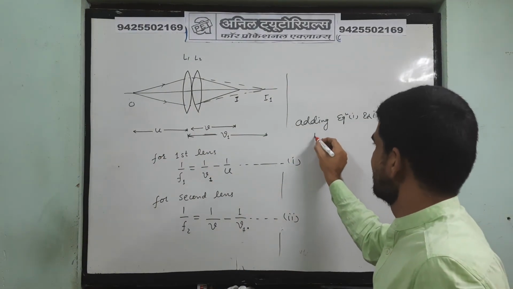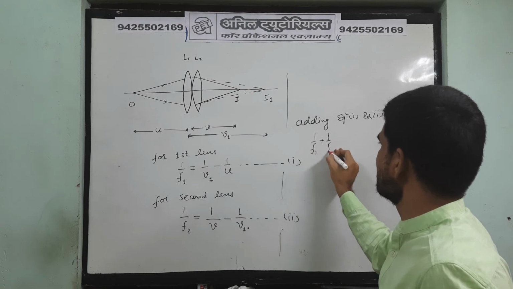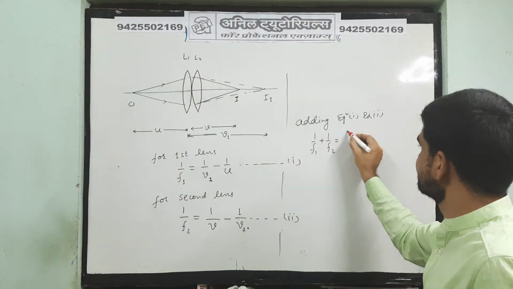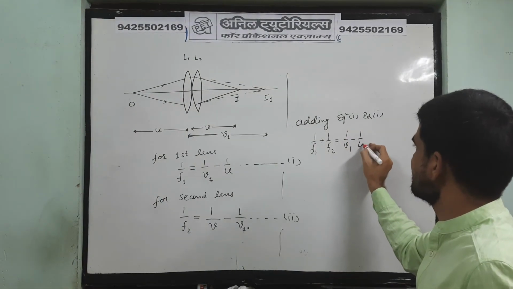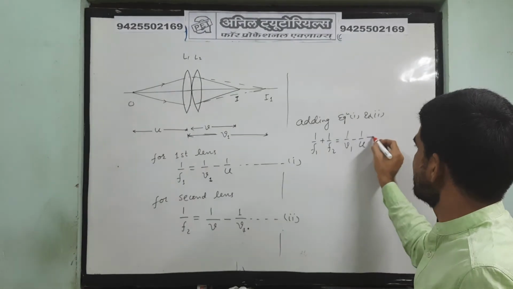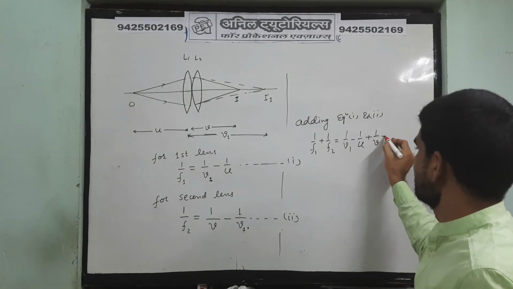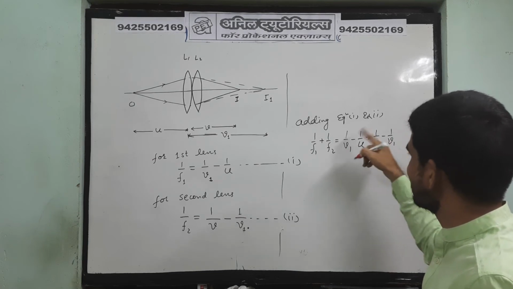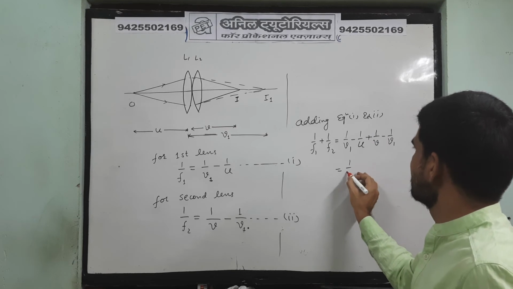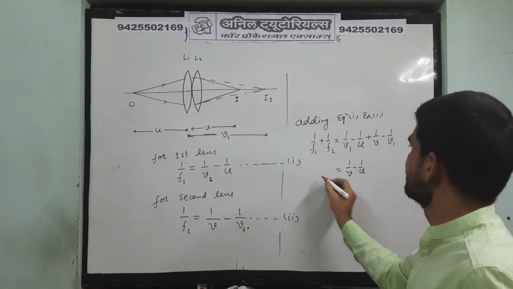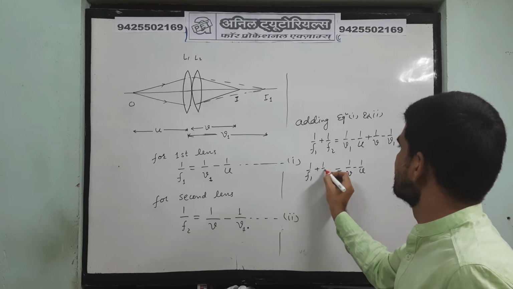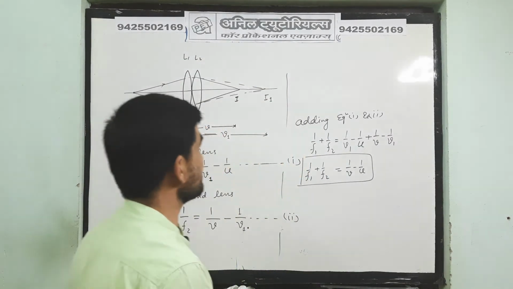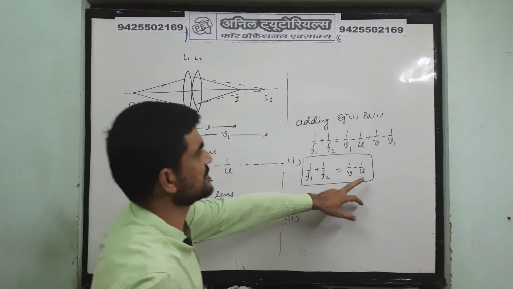What shall we get? 1 upon f1 plus 1 upon f2 is equal to 1 upon v1 minus 1 by u plus 1 by v minus 1 by v1. The 1 by v1 and minus 1 by v1 will cancel out. So we will get 1 by v minus 1 by u. So v is the final position of the image and u is the position of the object.